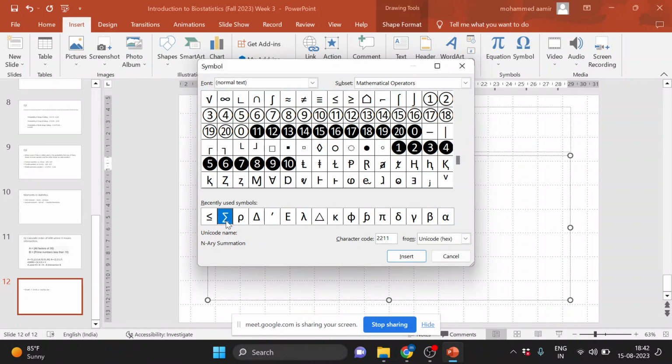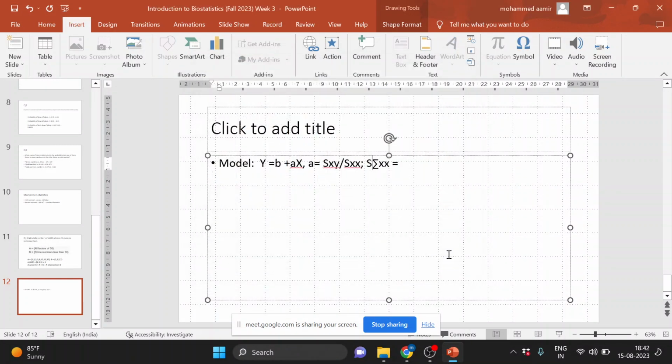Summation of x minus x bar squared, okay? That is your Sxx, and Sxy is what we did there.